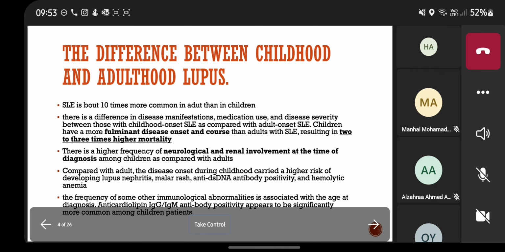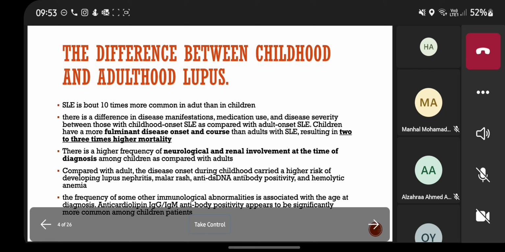There is a higher frequency of neurological and renal involvement at the time of diagnosis among children as compared with adults. And compared with adults, disease onset during childhood carries a higher risk of developing lupus nephritis, malar rash, anti-double-strand DNA antibody positivity, and hemolytic anemia.